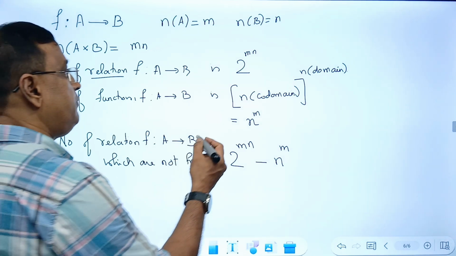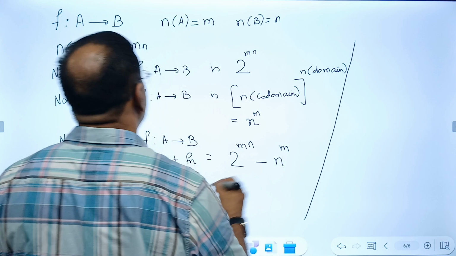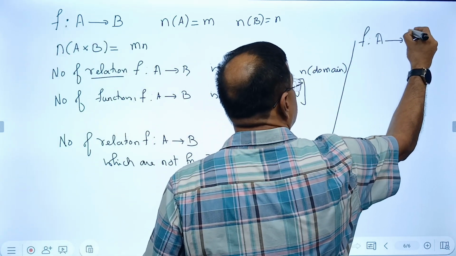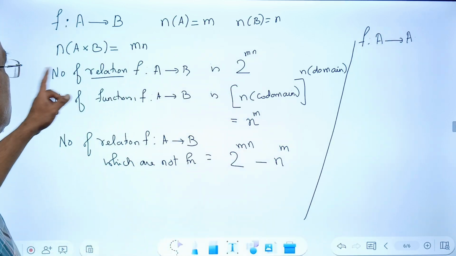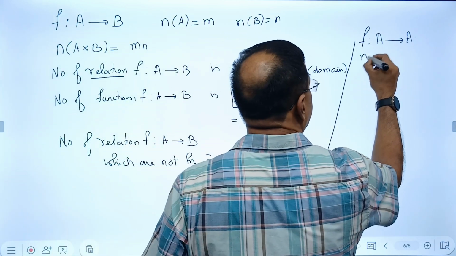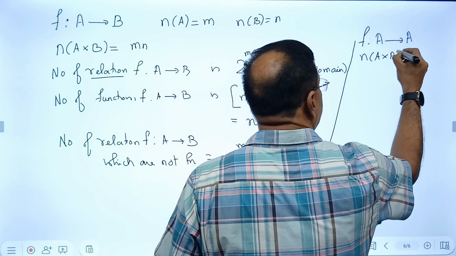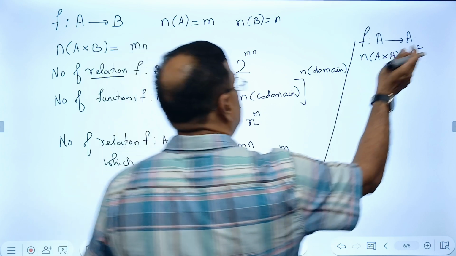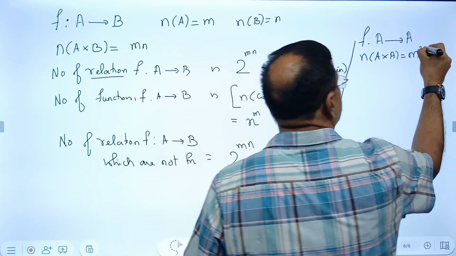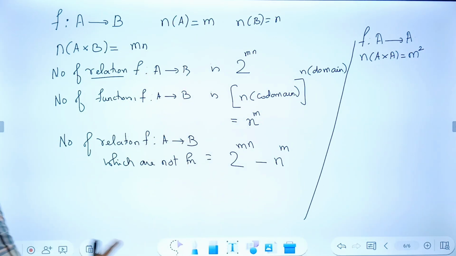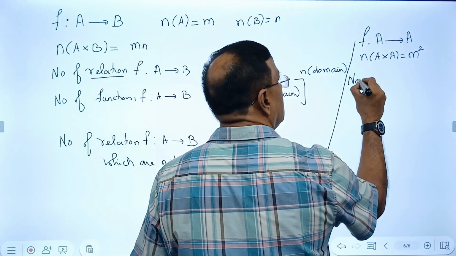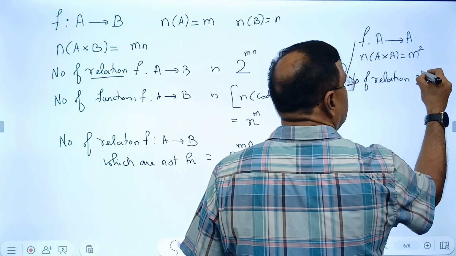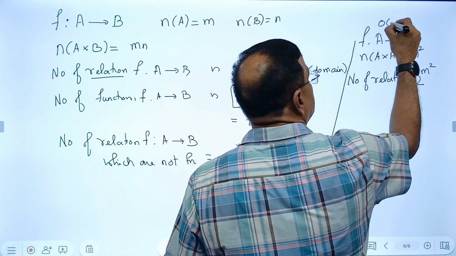Okay. Now if I fine tune this, suppose f is a function from A to A. So what will be the number of elements in A cross A? It will be m square, where the number of elements in A is taken as m.